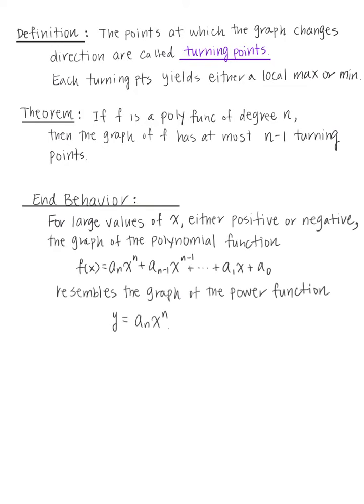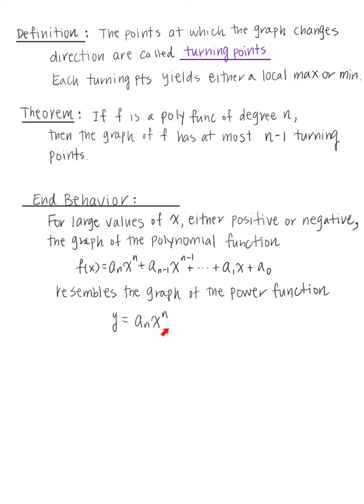Let's read this theorem together. End behavior. This is a theorem. It says for large values of x, either positive or negative, the graph of the polynomial function f of x equals a sub n x to the n plus a sub n minus 1 times x to the n minus 1 plus and so on plus a sub 1 x plus a sub 0 resembles the graph of the power function y equals a sub n times x to the n.